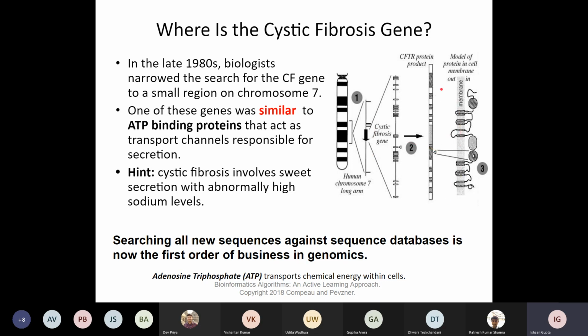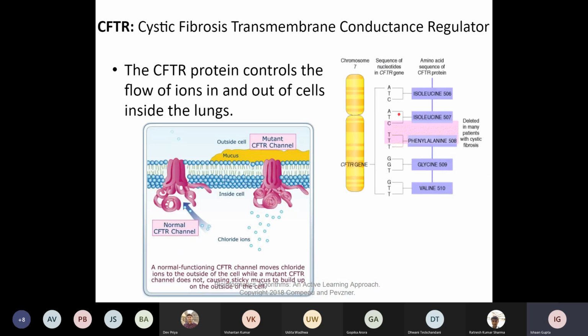By looking for these kinds of sequences, they were able to find the CFTR protein, and this is how it looks like.